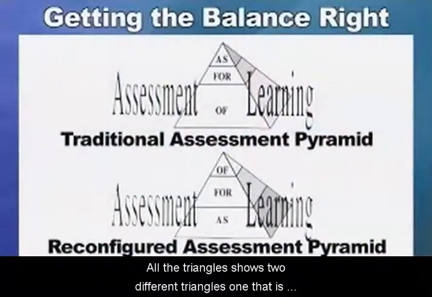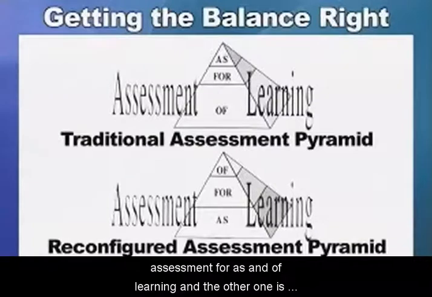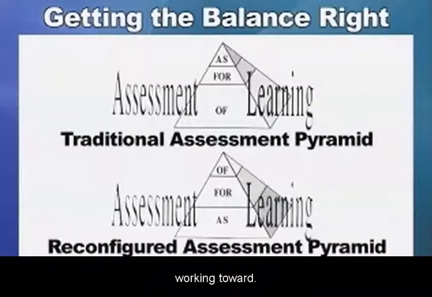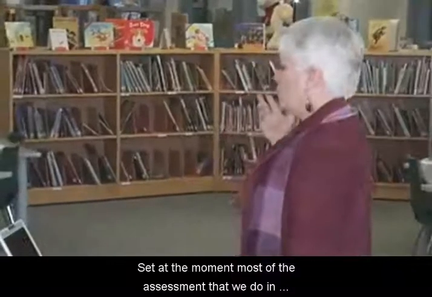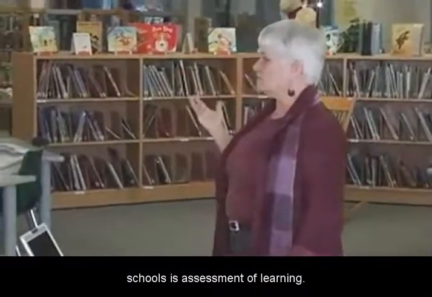The graphic of the triangles shows two different triangles. One is, if you like, the typical or current balance of assessment for, as, and of learning. And the other is the one that I'd like to suggest we should be working toward. At the moment, most of the assessment that we do in schools is assessment of learning.